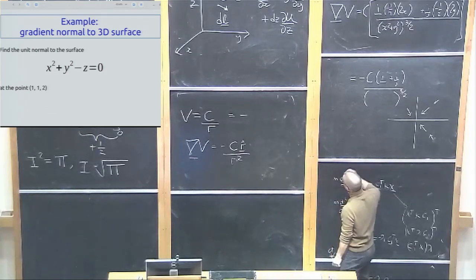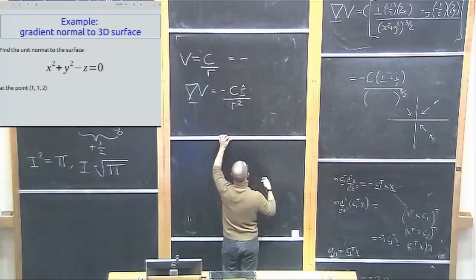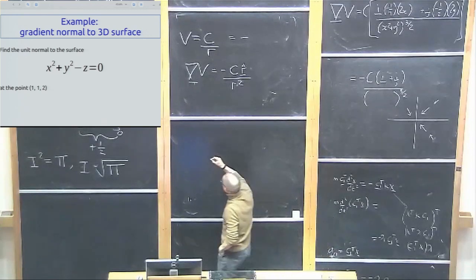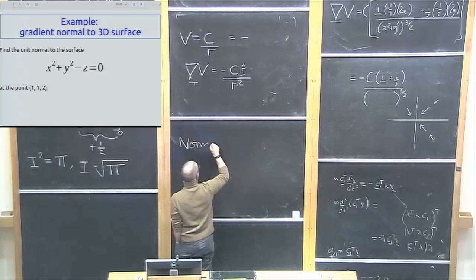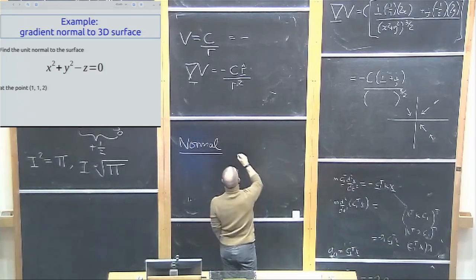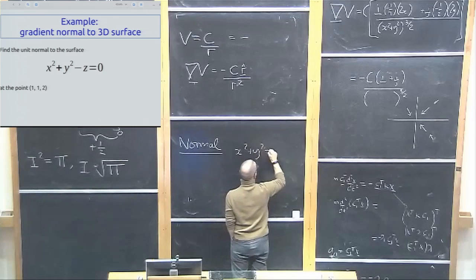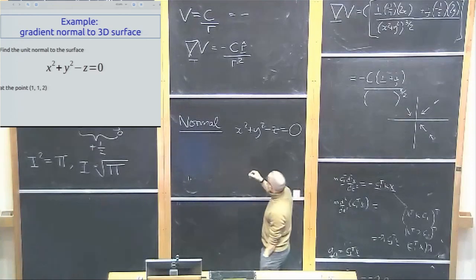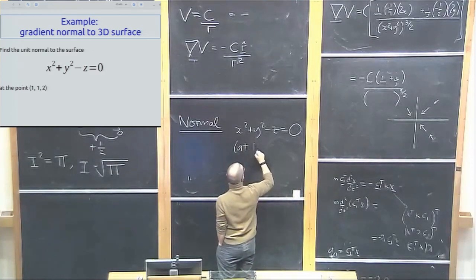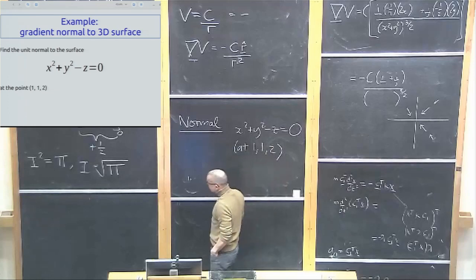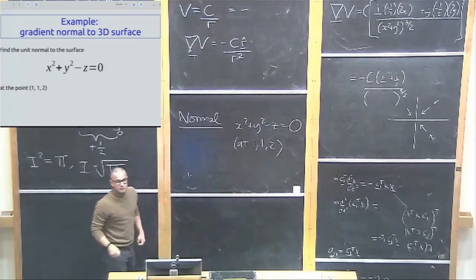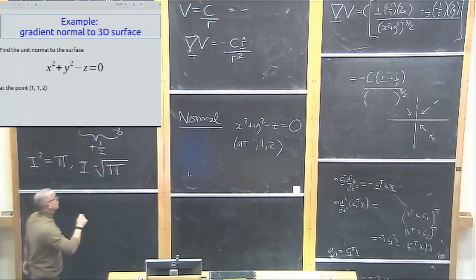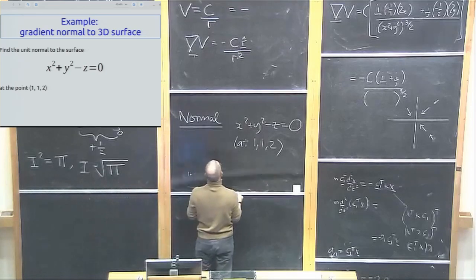Okay, so let's do an example of using the gradient to work out the normal to some surface. We want to work out what is the normal, the perpendicular, to the surface given by x squared plus y squared minus z equals 0 at some particular point. We'll work out the general expression for the normal, which will be a function of x, y and z, potentially, and then we will calculate the specific value.